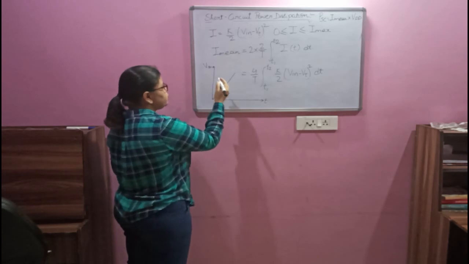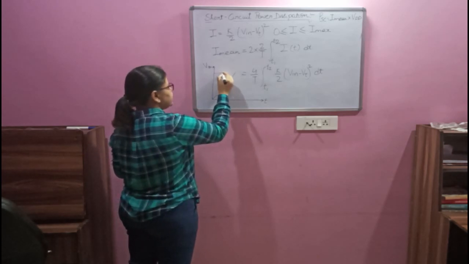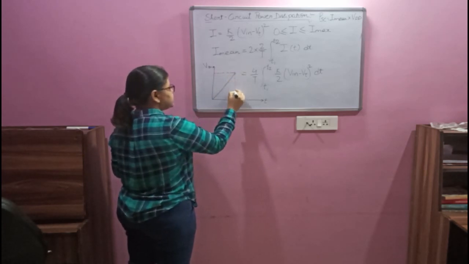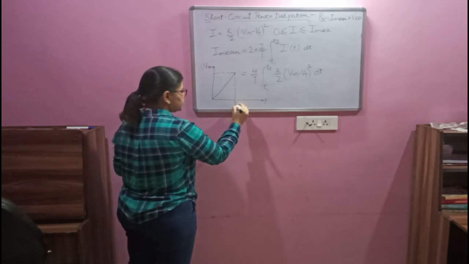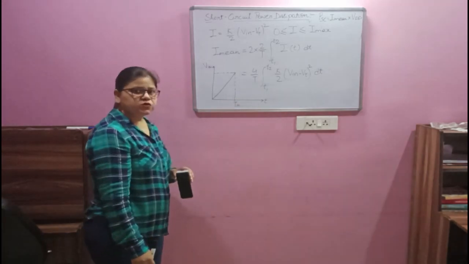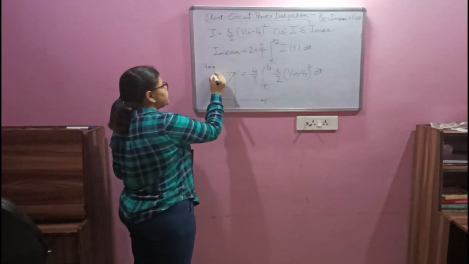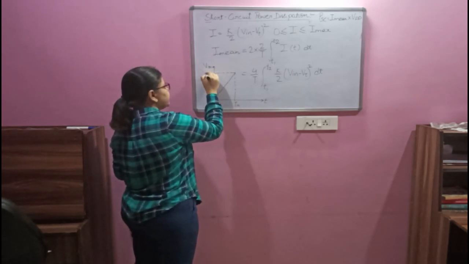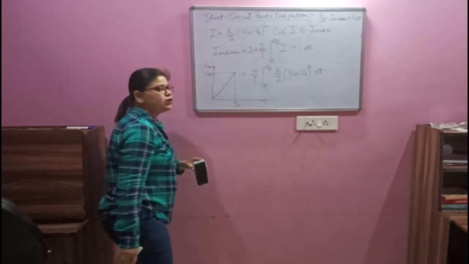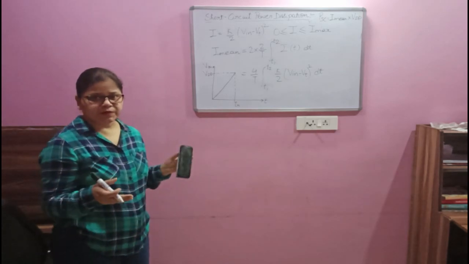We have just seen this for the rise time. If this is the time equal to tau r, which is the rise time, at this time the input value was VDD, the maximum.